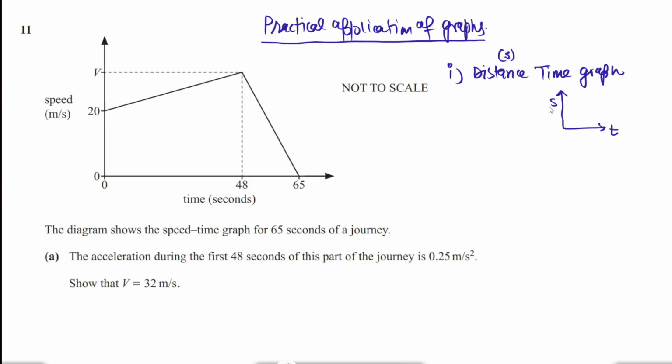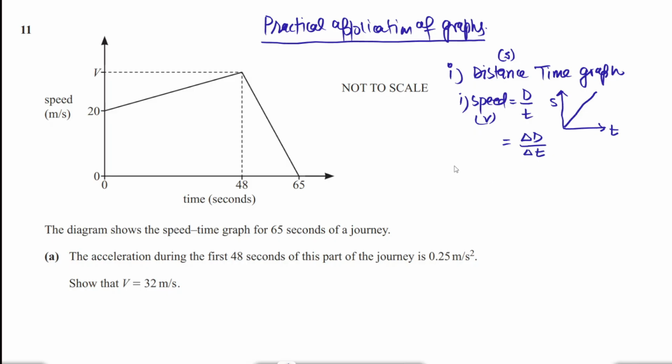So in speed and distance and time graphs, the first thing is the speed or velocity. The speed or velocity is always considered as distance over time, or we can say change in distance upon change in time.